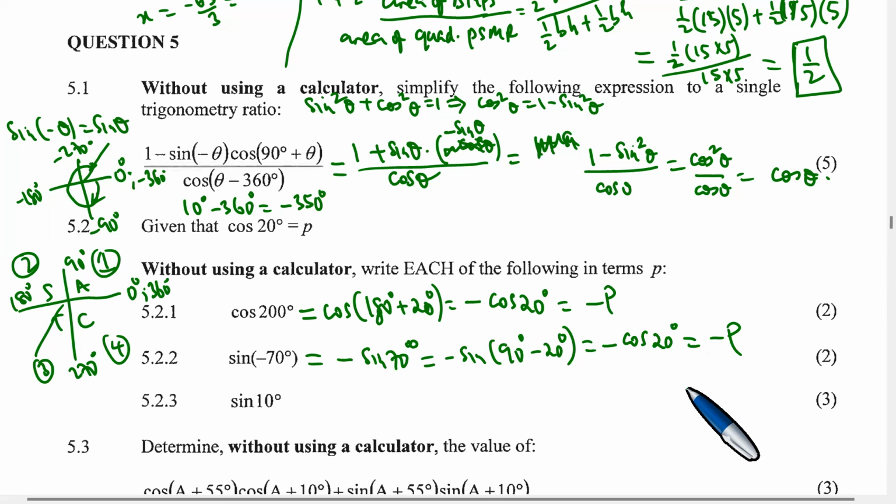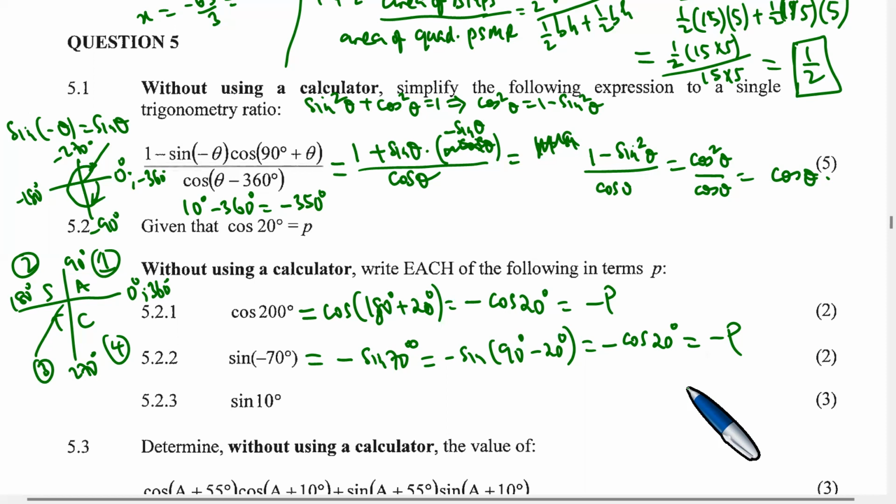So we continue. Try sine 10, please. Tell me what sine 10 is.